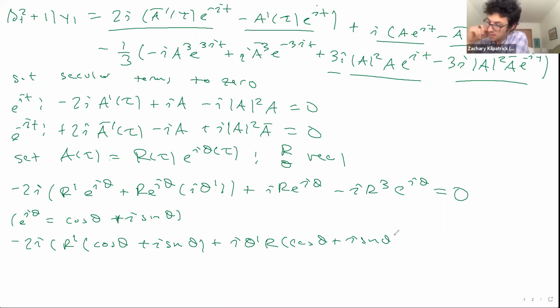Actually, in fact, we could be eliminating all of these terms, but you could also eliminate these e to the i theta terms here, and that should work out to be the same. But let's just use Euler's formula and see how this comes out.